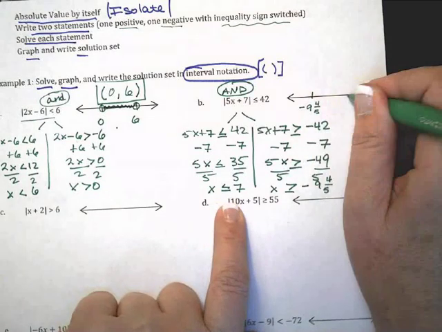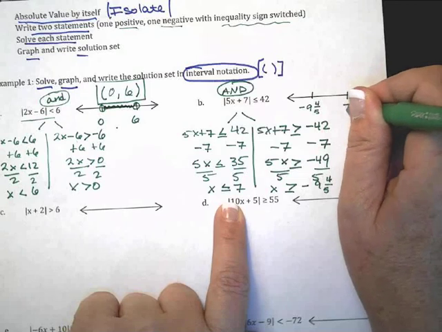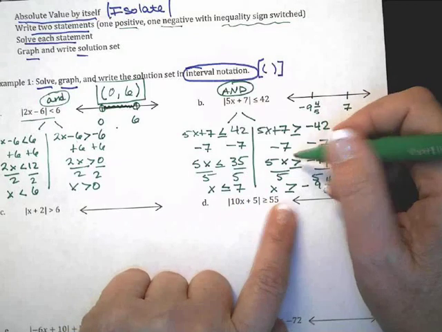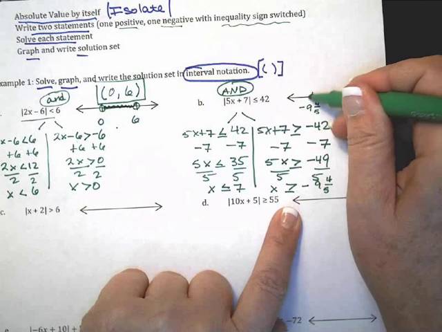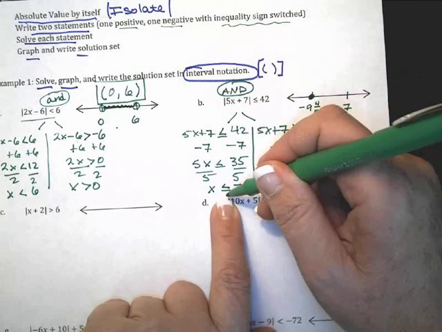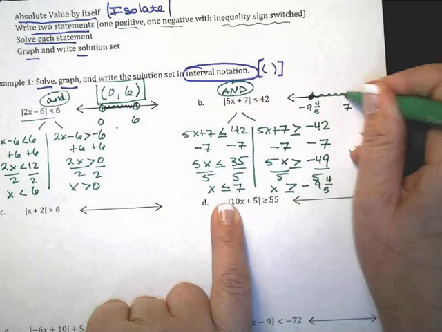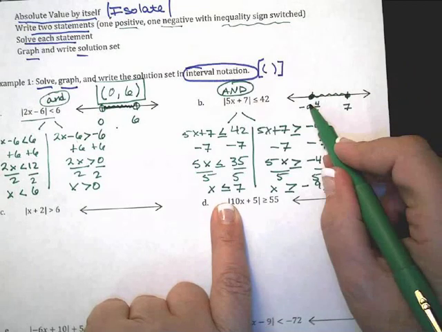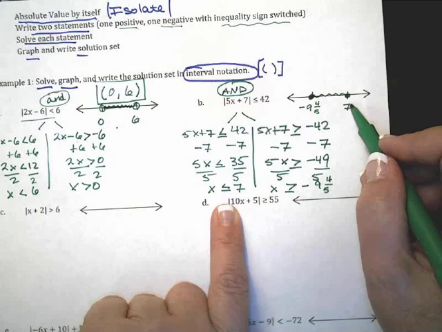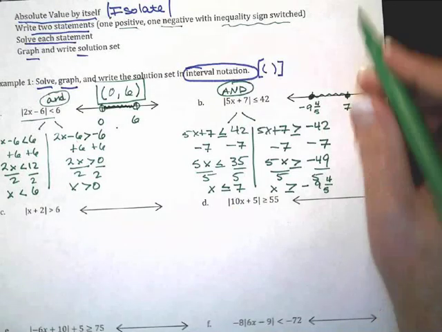The larger number always goes to the right. x is greater than or equal to this value, and x is also less than or equal to 7. So our solution is everything in between negative 9 4/5 and 7, including negative 9 4/5 and 7.